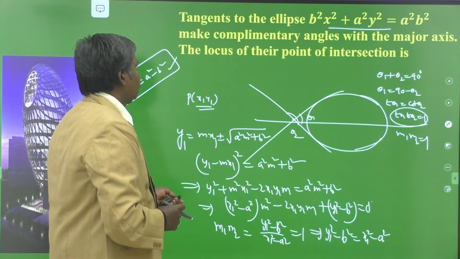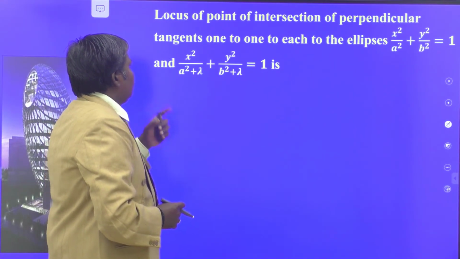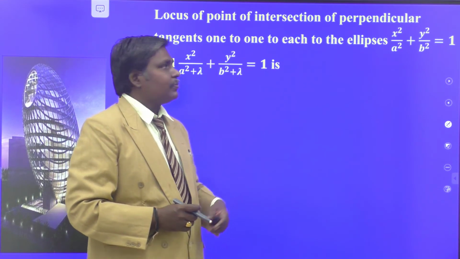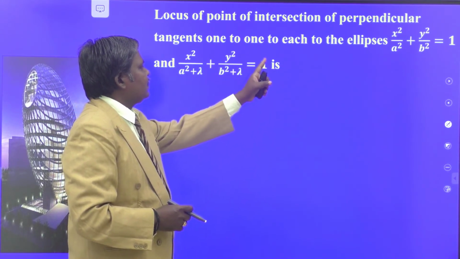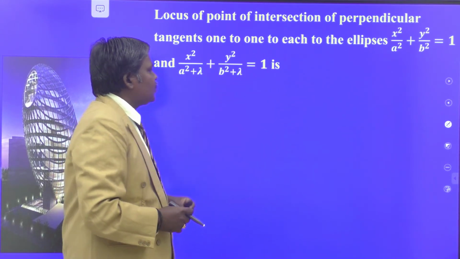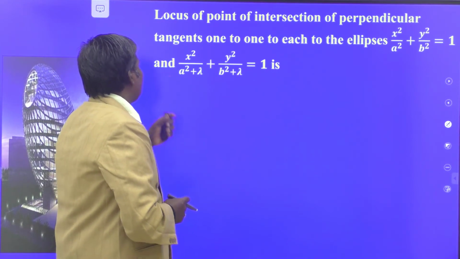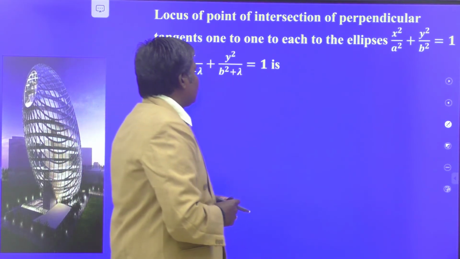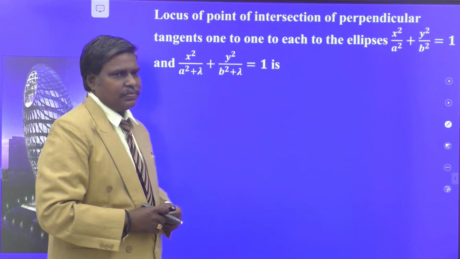Next one. See this one. Locus of point of intersection of perpendicular tangents to the ellipses x²/a² + y²/b² = 1 and x²/(a²+λ) + y²/(b²+λ) = 1 is what?